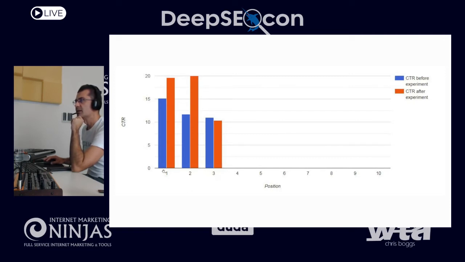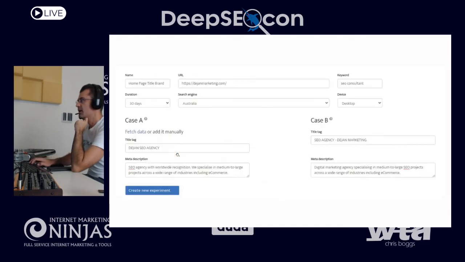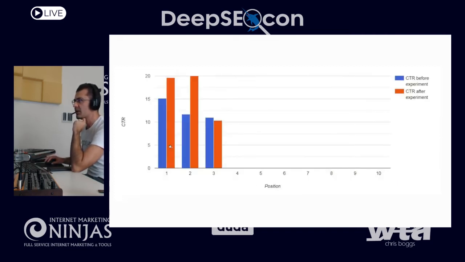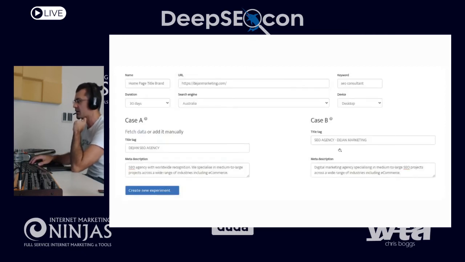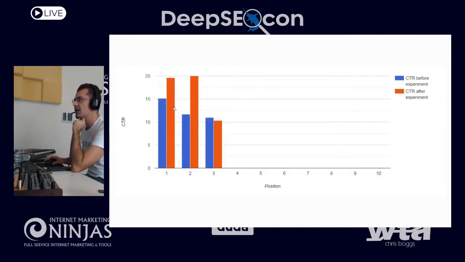So the CTRs before and after on position 1. What's happening here? Let's interpret this data. Oh, by the way, when you're running an experiment like this, it's not automatic. You actually have to go and change this on your website and make sure that Google indexes it before you start the actual experiment, because it won't make any difference if you just put it in your records without actually making the change. So once it's indexed, the experiment can run.